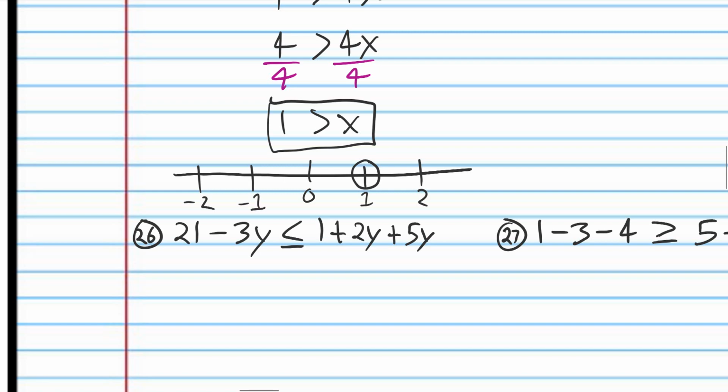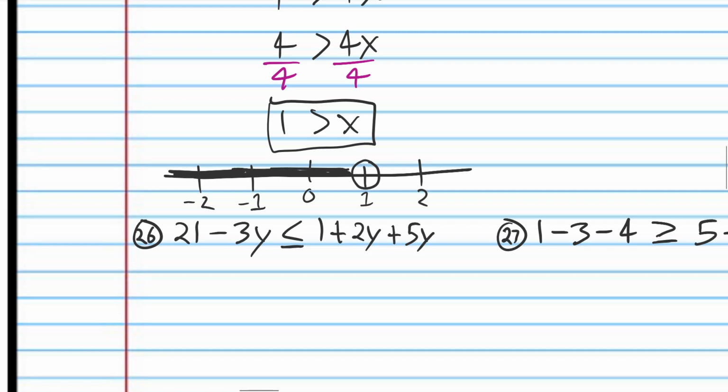So what this means is that x can be anything, but there's a limitation. The numbers have to be less than 1. So what we do is we put a bold line to show people that x can be all of these numbers to the left of 1 on the number line.